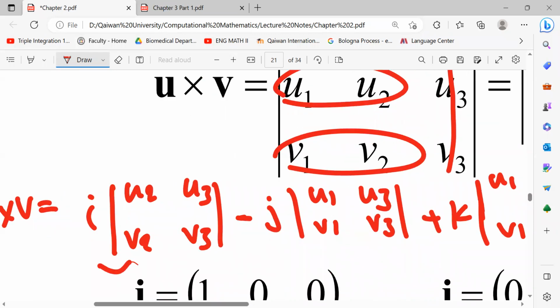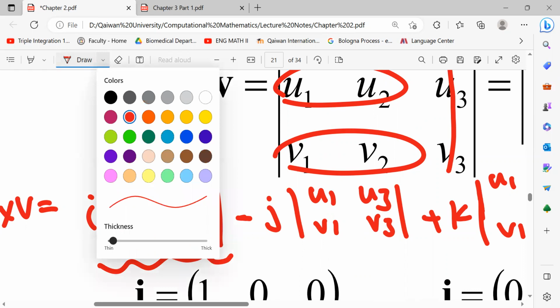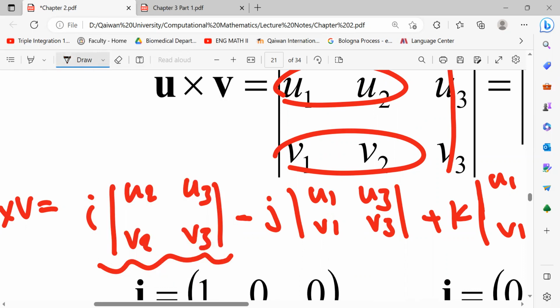What's the determinant of this matrix? It's a 2 by 2 matrix. We multiply these two, then minus, we multiply these two.